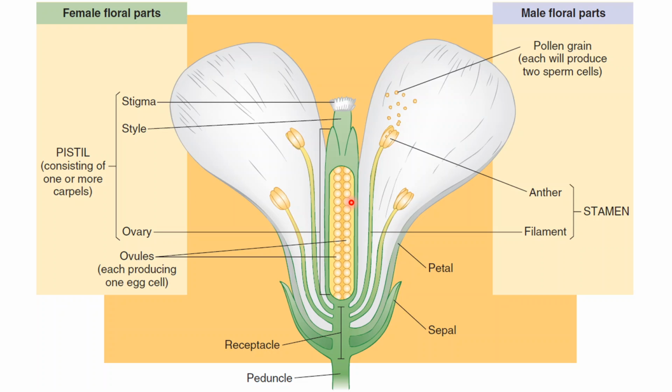So the pollen grains will land on the stigma, and the neck is the tube-like structure through which the pollen tube will go.